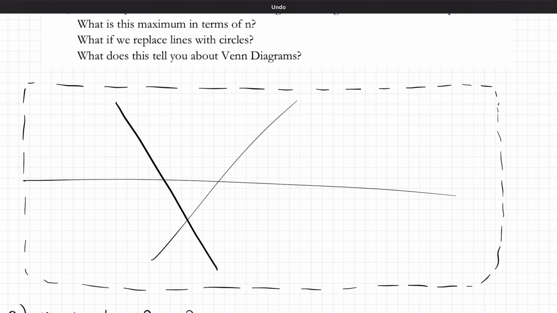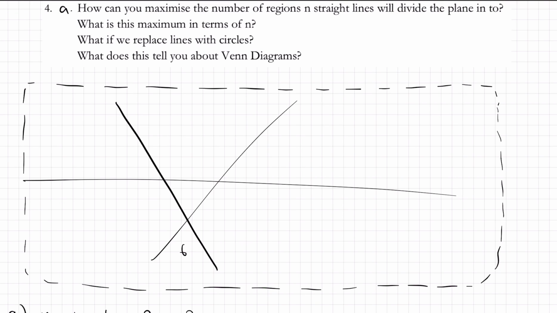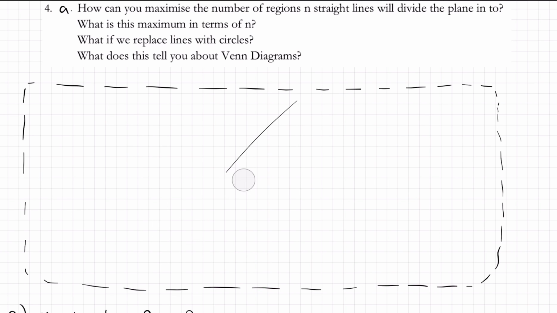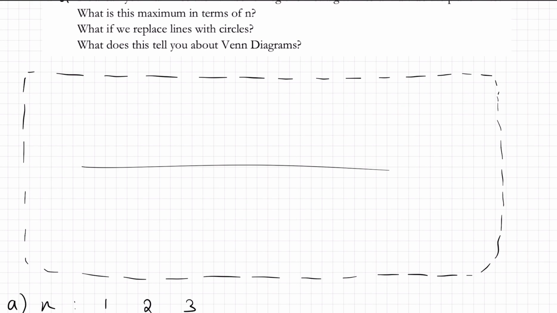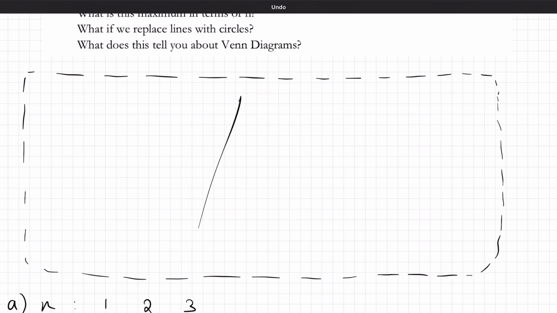So let me try and think about this. I want to find a sort of method which lets us generate more regions. So if we have some line here, or let's say a line there, drawing a line which intersects it is going to create 4 regions, I suppose.